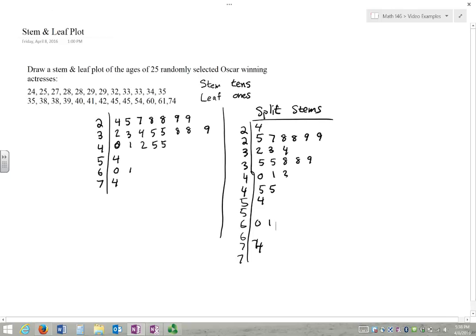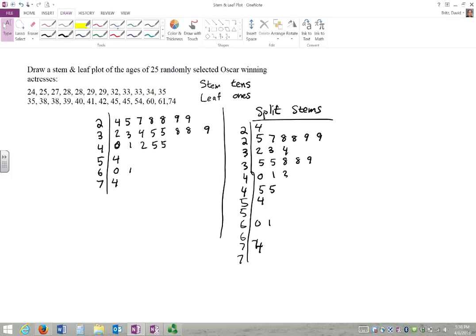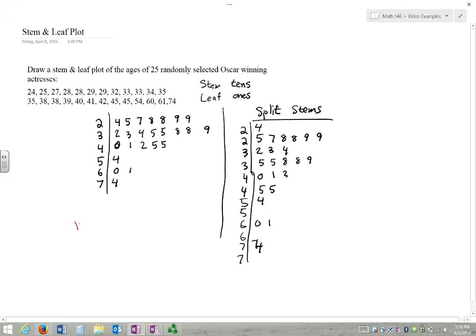So what do these two graphs tell us? Well, they both seem to indicate a right skewed distribution because we have outliers to the right. And again, an outlier is a data point that doesn't really fit with the other data points.